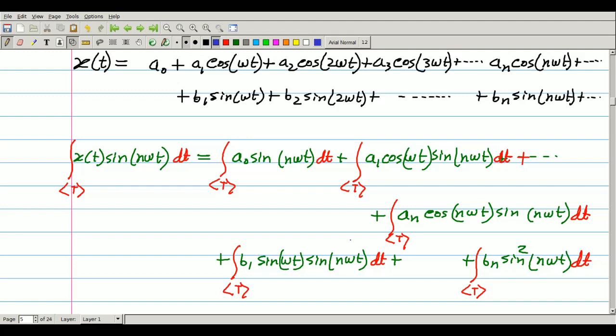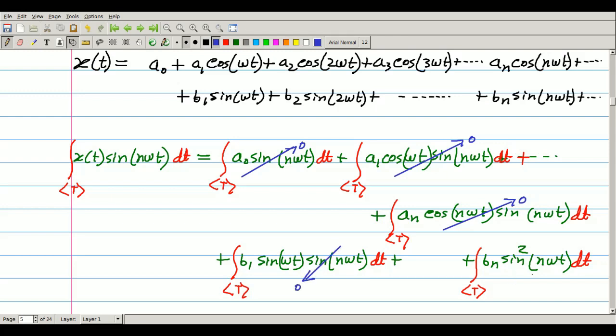Only one term survives. For example, integration of sine n omega t is 0. Then the product of cosine and sine integrated will give 0. Again sine and cosine, so it will be 0. Here two sine terms multiplied, but their frequencies are different, therefore it will be 0.